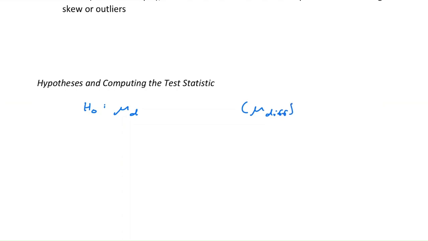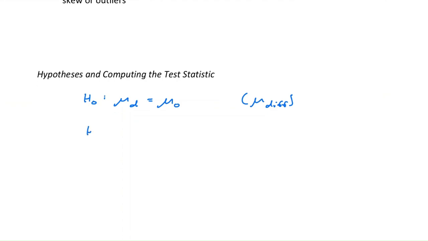Okay, but it's the mean of the differences. And in this case, we are assuming that that is equal to some initial value. And then the alternative is that the mean of the difference is either less than, greater than, or not equal to whatever that initial value is.